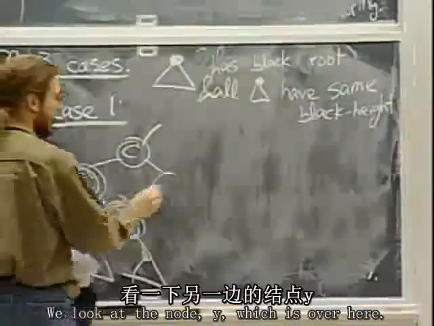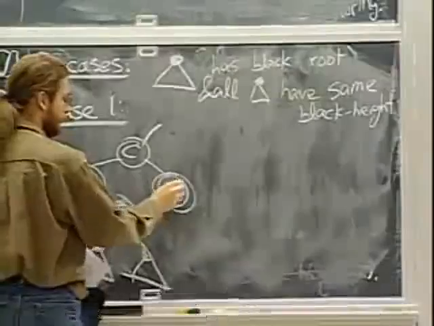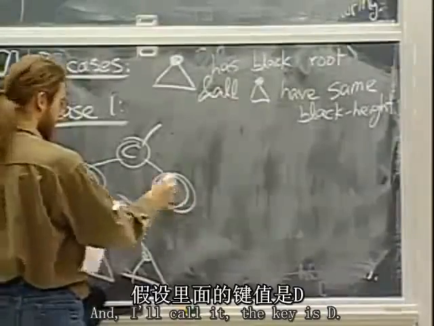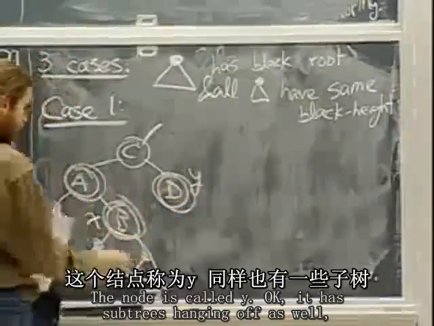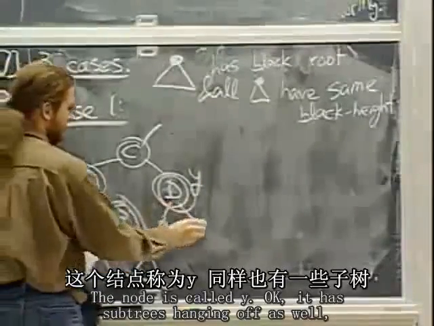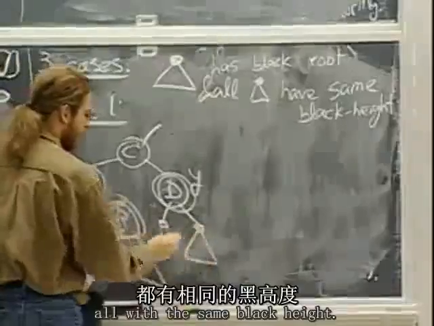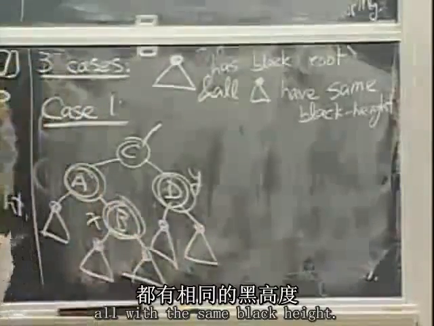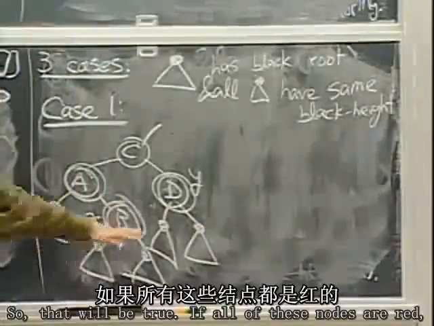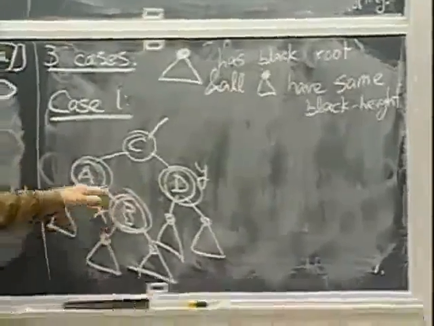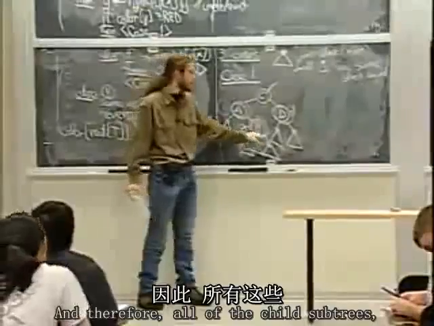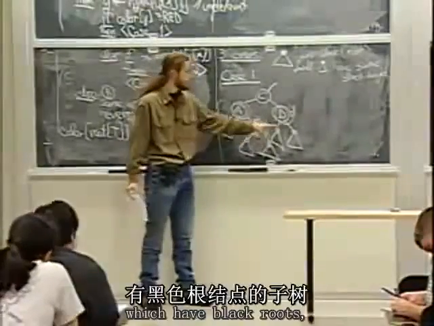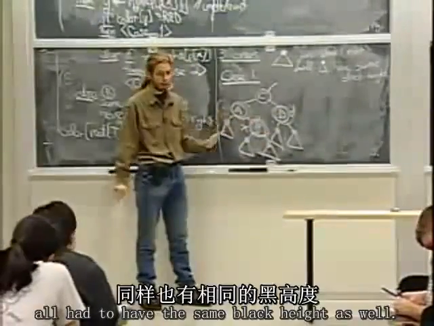We look at the node Y, which is over here, and I'll call its key D. The node is called Y. And it has subtrees hanging off as well, all with the same black height. That will be true if all of these nodes are red, then all of these nodes have the same black height. And therefore, all of the child subtrees which have black roots all have to have the same black height as well.